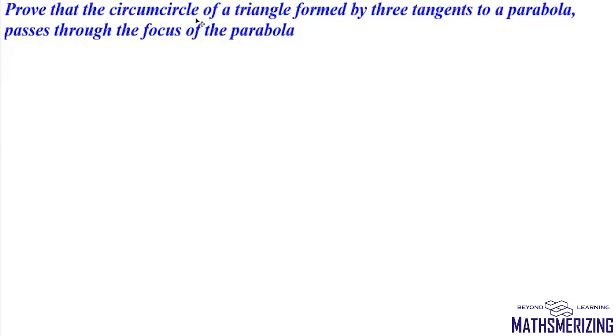Prove that the circumcircle of a triangle formed by three tangents to a parabola passes through the focus of the parabola. So what we'll do is, suppose the equation of the parabola is y square equals 4ax, and let P, Q, R be 3 points on the parabola. Suppose P is (a t1 square, 2a t1), Q is (a t2 square, 2a t2), and R is (a t3 square, 2a t3).